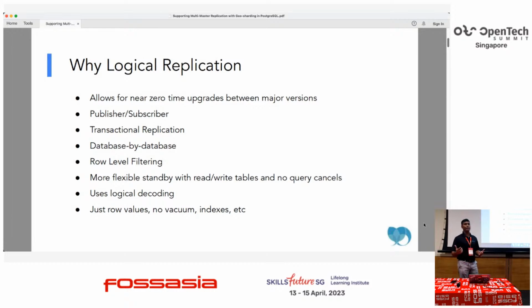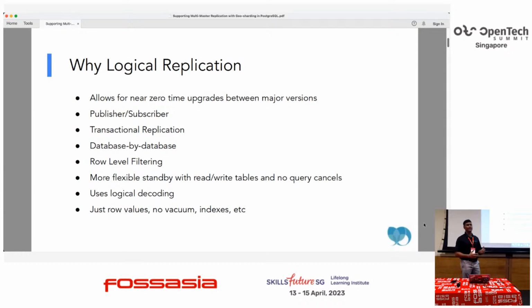And then you can pick and choose what tables you would want to have as part of logical replication. So you could do your data warehousing use cases with logical replication. You could do a lot of lake houses and the modern data stack that Mahbub was talking about.